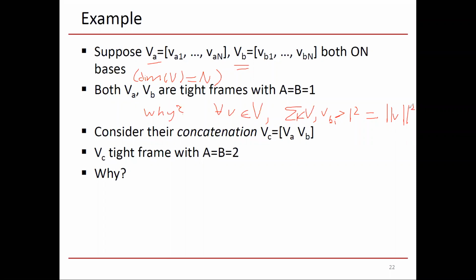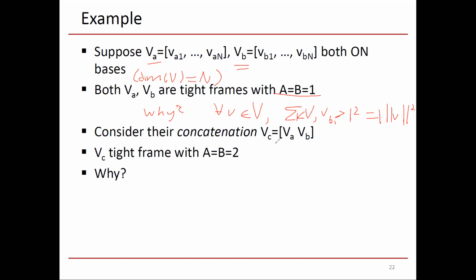So another way of looking at it is, call the coefficients with respect to the orthonormal basis VA alpha A, and alpha B with respect to VB. Alpha A and alpha B are both length n vectors of coefficients. The energy in alpha A is equal to the energy of alpha B, which is equal to the energy of v. Okay, so we have two orthonormal bases. And A equals B equals 1 is because we have a 1 in front of the energy of v.